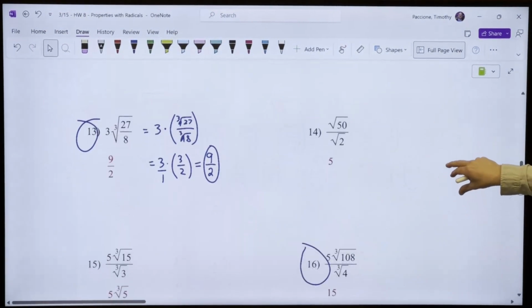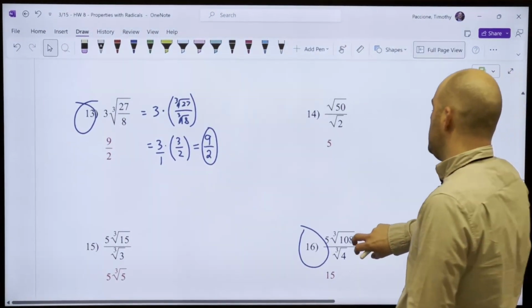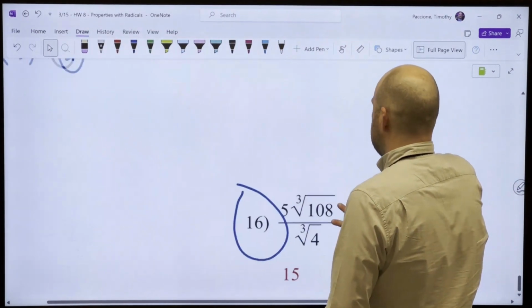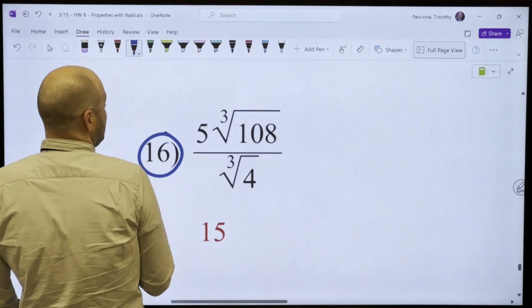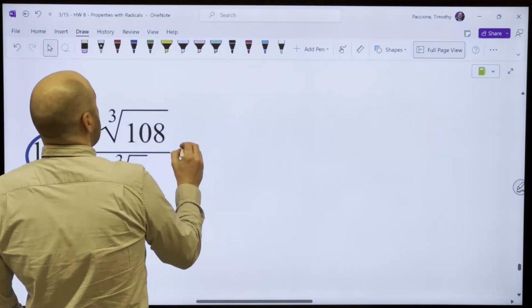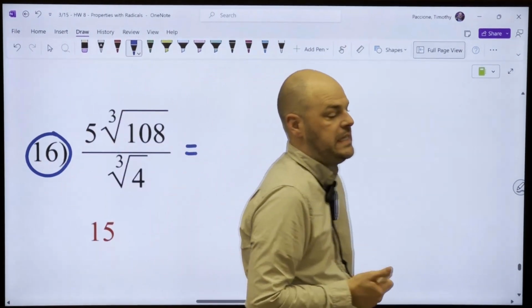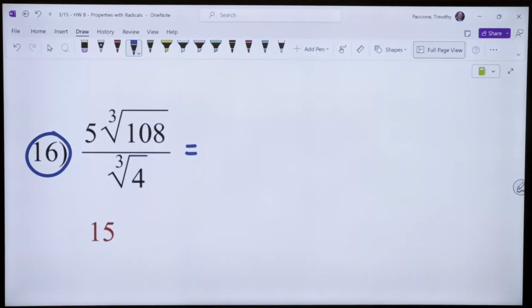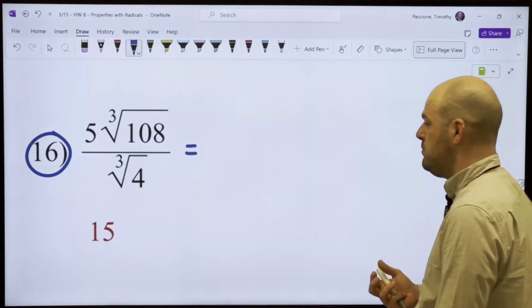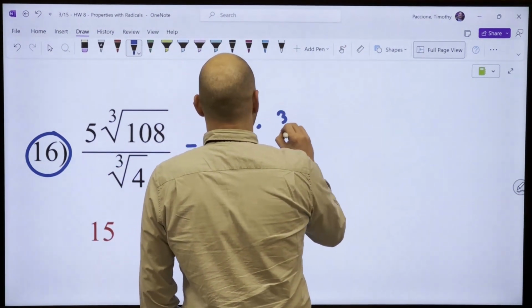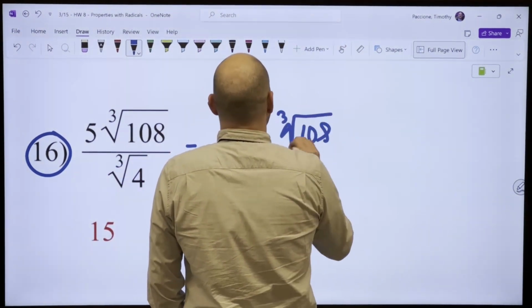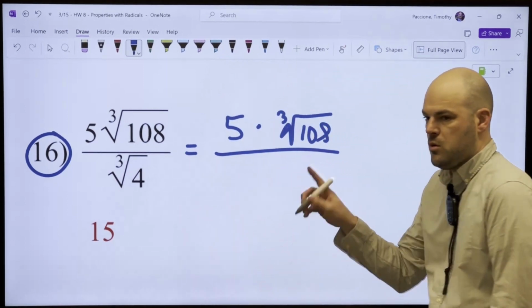All right, and now 19. Okay, so this one, 16 I meant. 19. Like, I didn't get it, 19. All right, so this one. The way I would recommend doing these is if you have a number in front, but on the top, not the bottom, you kind of pull it apart, and you say 5 times the third root of 108, and then you put a 1 underneath it or above it, right?